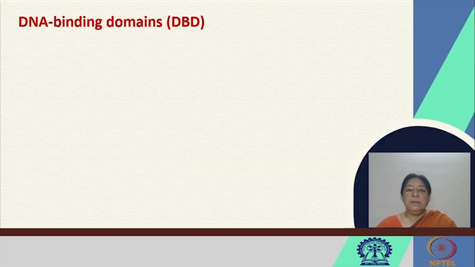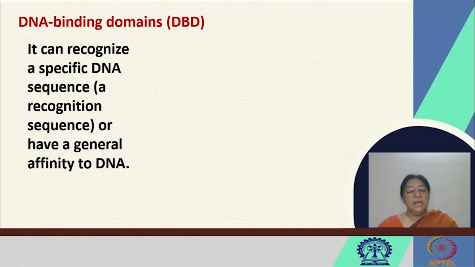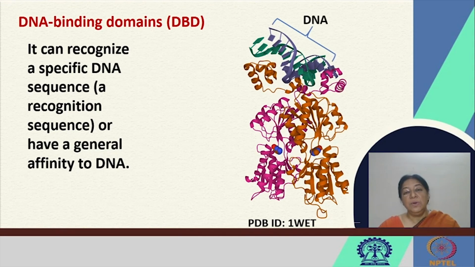When we look at DNA binding domains, this means that there are special characteristics to these domains. They have to recognize a specific DNA sequence, which is known as the recognition sequence, or in general, should have an affinity for DNA to facilitate binding of the protein to DNA. So if we look at the specific structure here, which we will revisit again later in this lecture, we have our DNA bound.